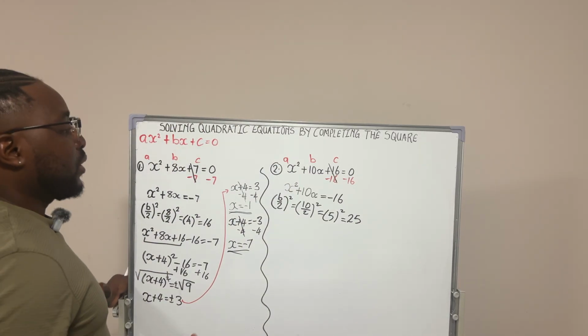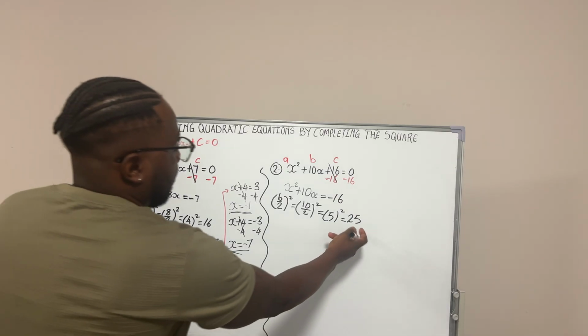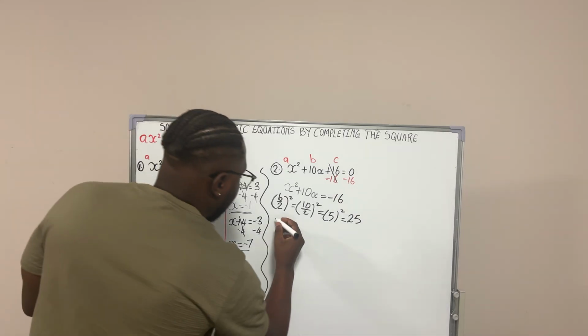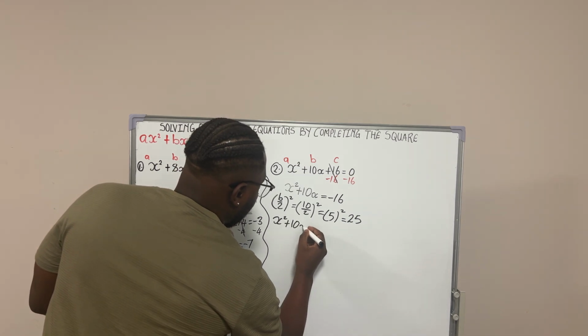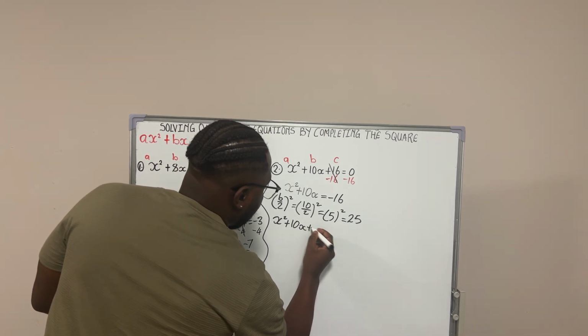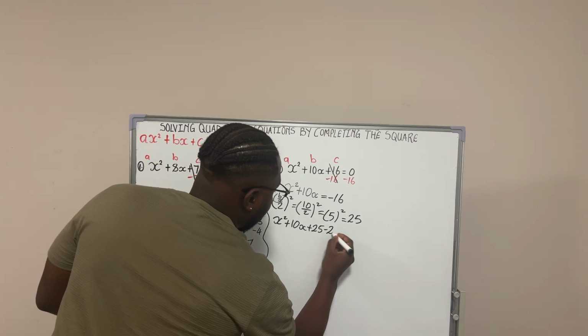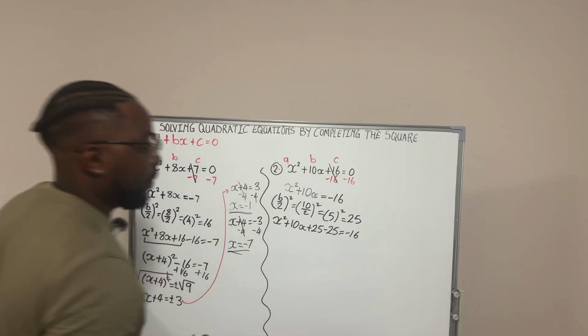Okay, so now let us add and subtract this number over here, while keeping the value of the expression, right? So we shall then have x squared plus 10x plus 25 minus 25 equal to negative 16.